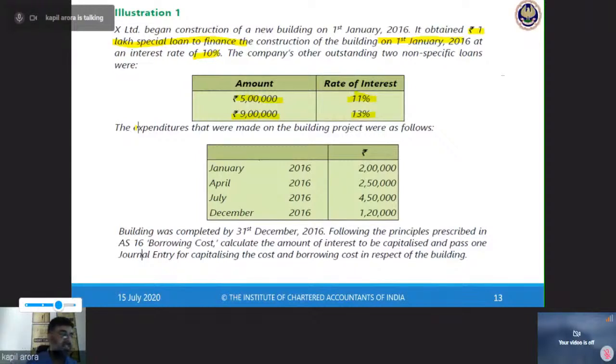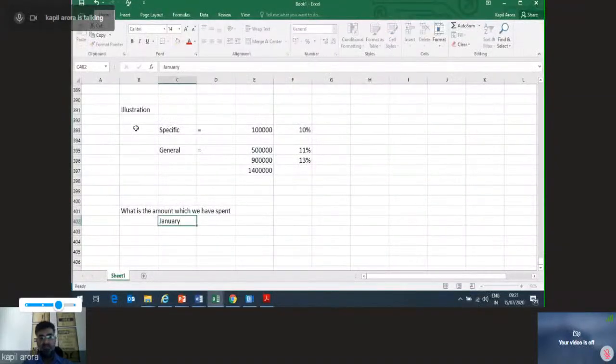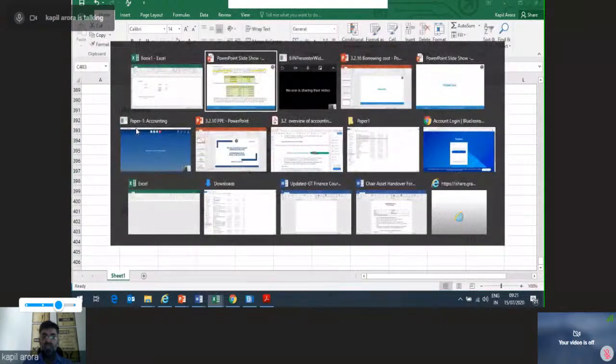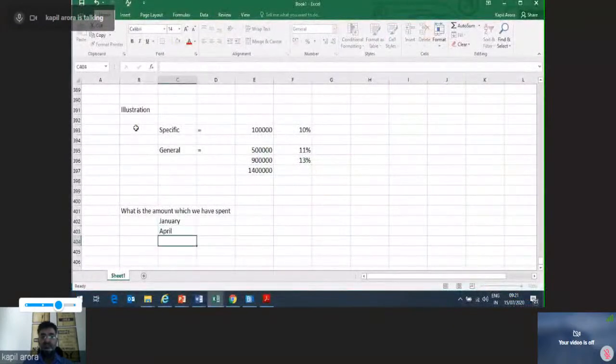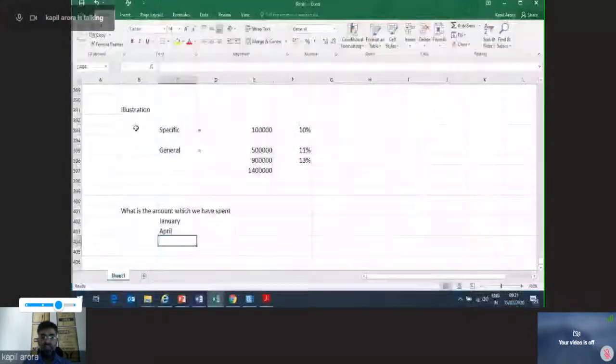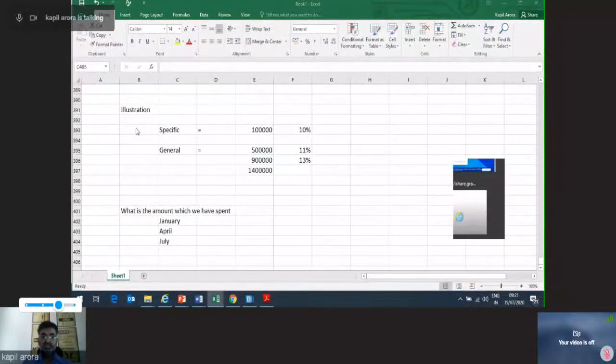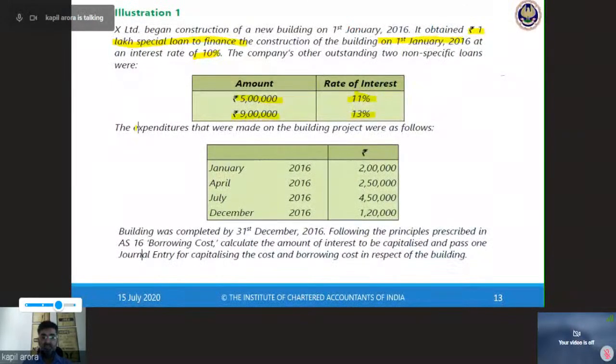We have just calculated the interest to be capitalized. That's it. Okay. So the amount which we have spent, I have not spent the entire amount on day 1. I have spent amount on January, April, July, and December.